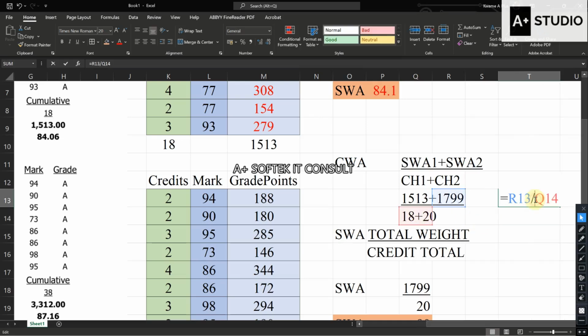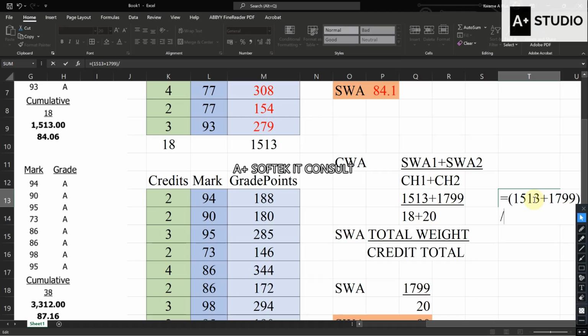Oh, I made a mistake. Let me put it this way into bracket: 1513 plus 1799, divided by 18 plus 20.